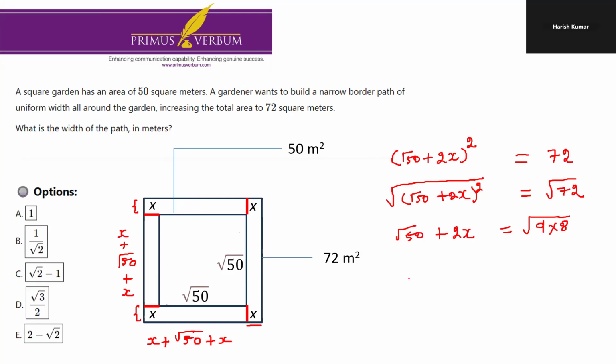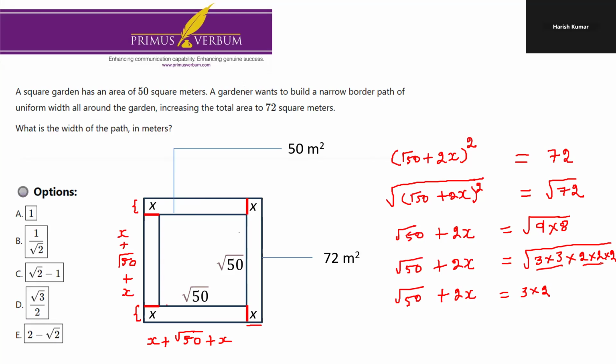Okay, and we can simplify the right hand side further. 9 into 8, if we factorize till we get the prime factors, we will get 3 into 3 into 2 into 2 into 2. So this means root 50 plus 2x is going to be equal to 3 into 2, I can take one 3 outside from the square root and one 2 outside, root 2.